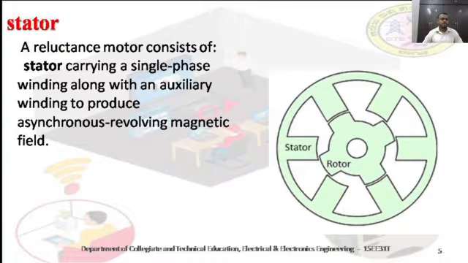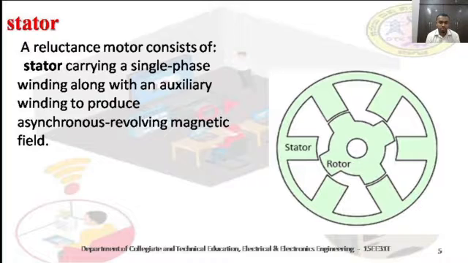The reluctance motor consists of a stator carrying a single phase winding along with an auxiliary winding to produce a synchronous revolving magnetic field. Okay, see here, in order to provide the rotation, we cannot achieve it with only the single winding. We are setting a single phase, but rotation cannot be achieved. So in order to get the rotation, it has to revolve at synchronous speed.